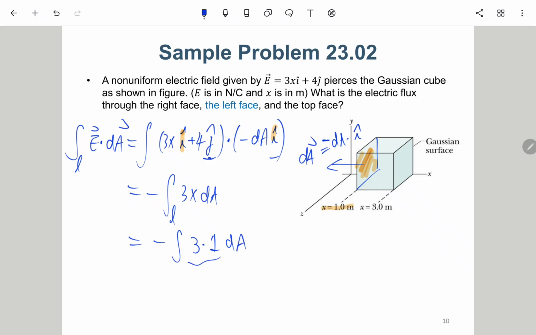So 3 times 1 is 3. Similarly, negative 3 times 4. The area of the left surface is also 4 meter square. So this is negative 12 N M square over C.